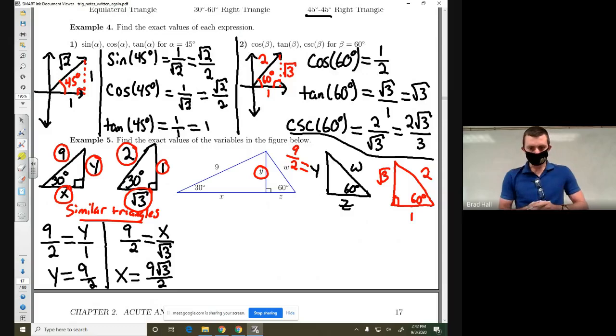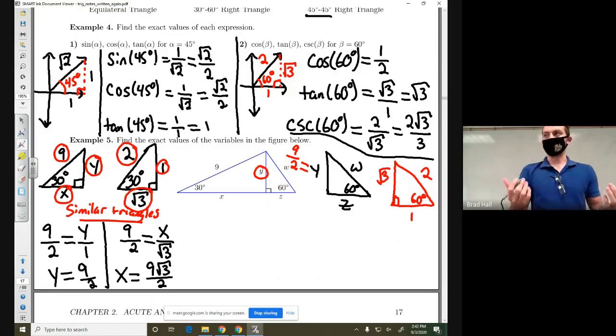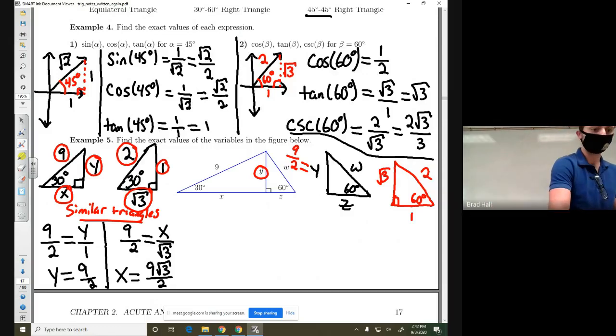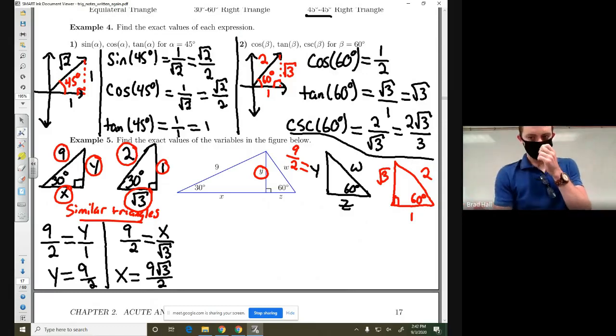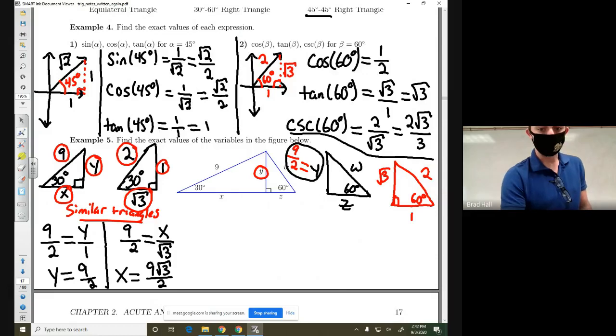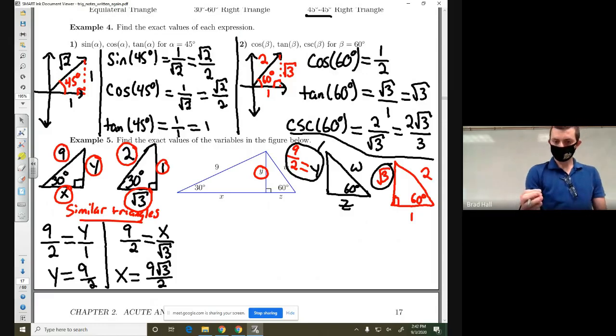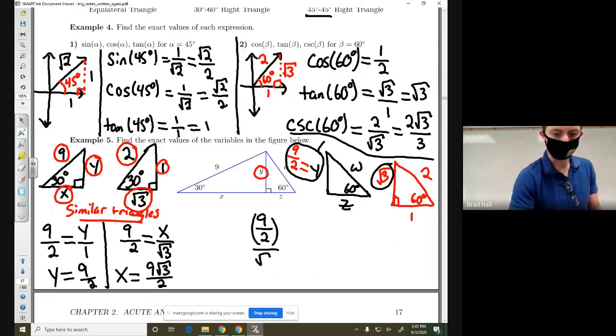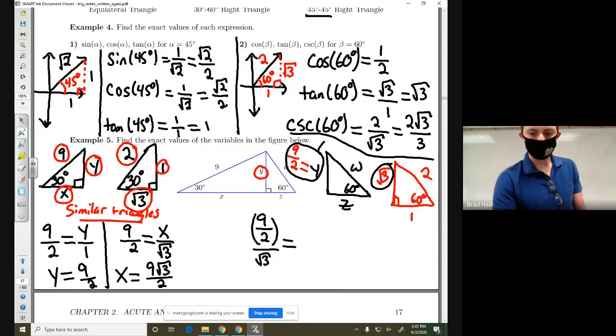So from here, it's the same idea. We use ratios to our advantage. So here we see that 9/2 and square root of 3, that ratio, so 9/2 over square root of 3, is going to be equal to, let's pick the easy one, z/1.